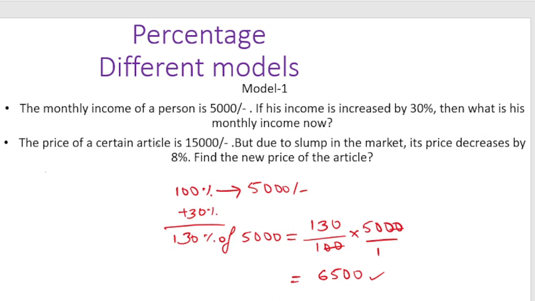The price of a certain article is 15,000, but due to the slump in the market, its price decreases by 8 percentage. Find the new price of the article. Here also same. The price of the article is 15,000, so take 15,000 as 100 percentage.